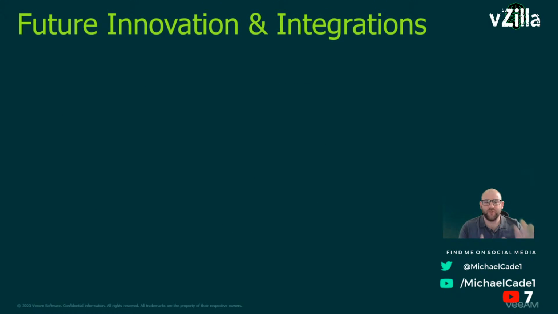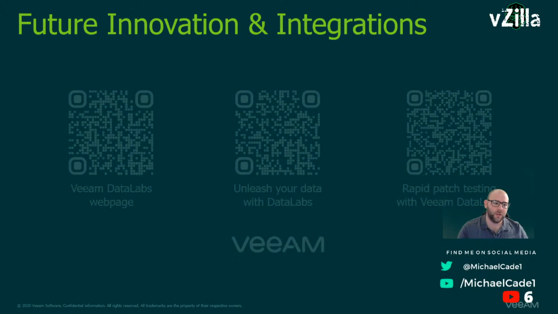Future: I've already mentioned V11, and expect that we're not stopping with doing stuff with data. Backup and recovery is obviously our forefront, but being able to do stuff with that data and enabling our customers to do more is very important.